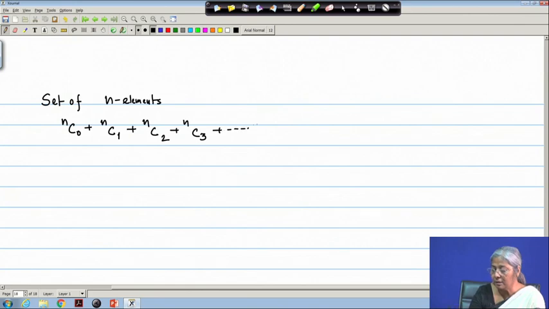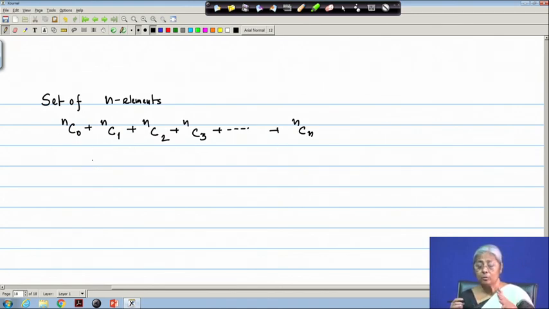In that way I can choose up to n elements. That means this sum tells about the total count that we can choose from an n element set. I can choose 1, I can choose 2 at a time or 3, and the total is 2 to the power n.